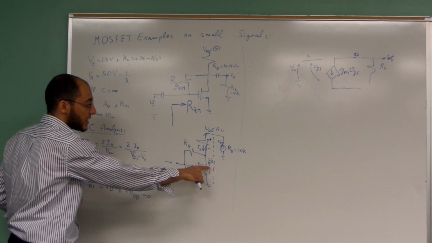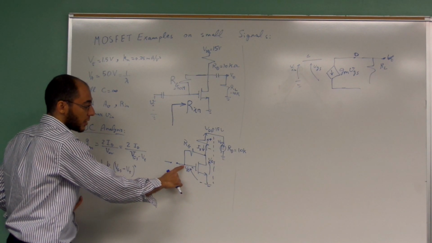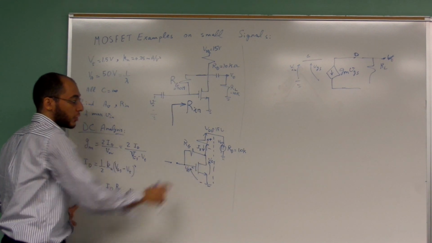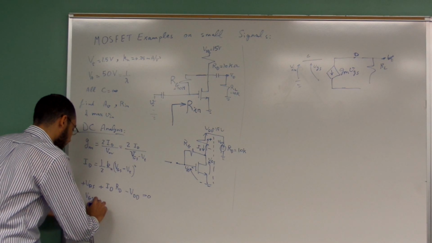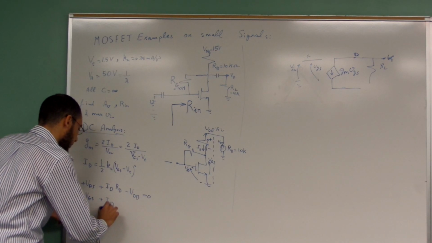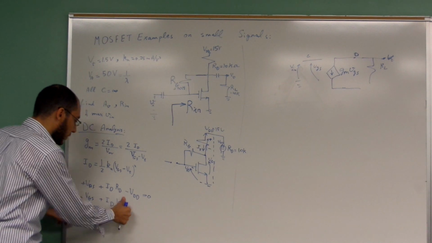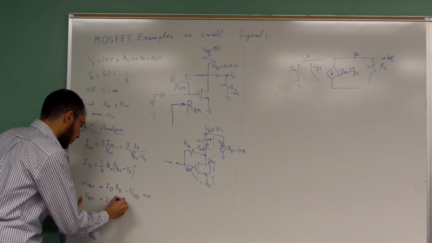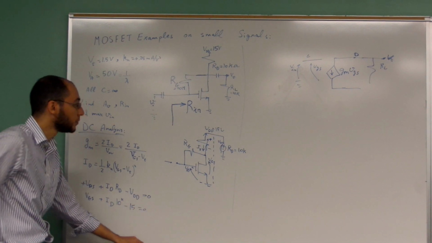We know that VDS equals VGS, because this gate has the same potential as this drain. So that's VGS plus ID multiplied by 10K, minus 15 equals 0.